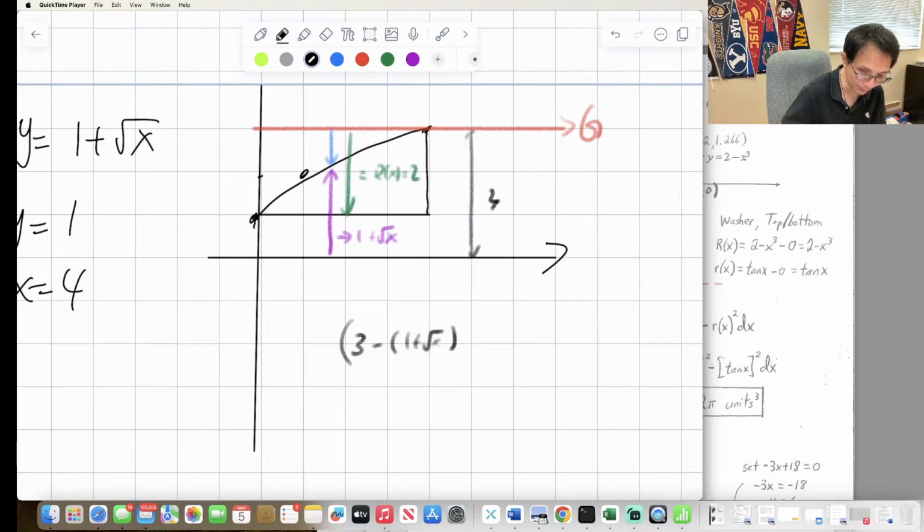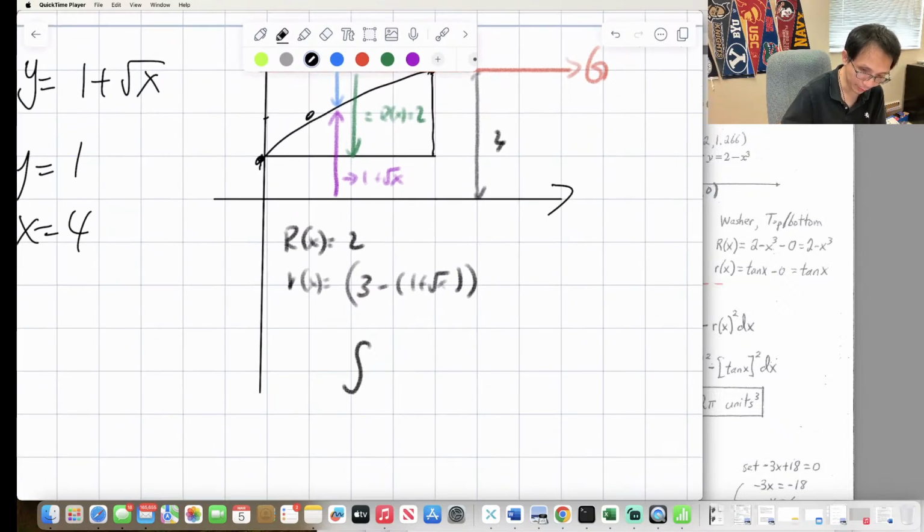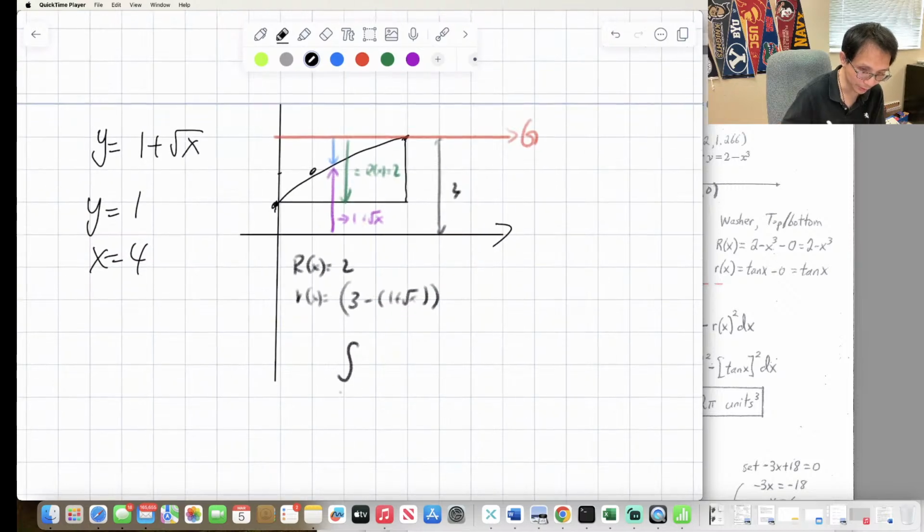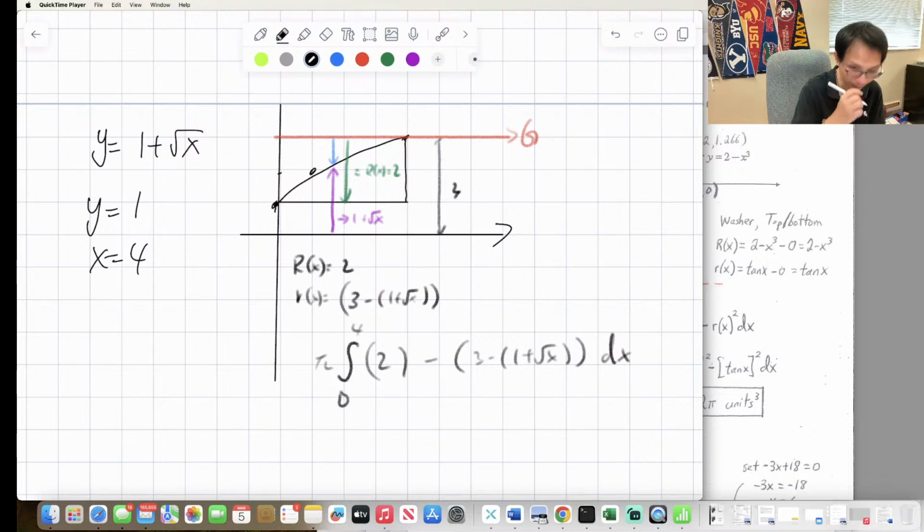Put a parenthesis around it. So this is small r of x. Big R of x is equal to 2. And then all you gotta do is work out everything. What is the boundary? 0 to 4. And it's the integral of 2 minus parenthesis 3 minus 1 plus root x parenthesis parenthesis dx. What am I missing? Done.